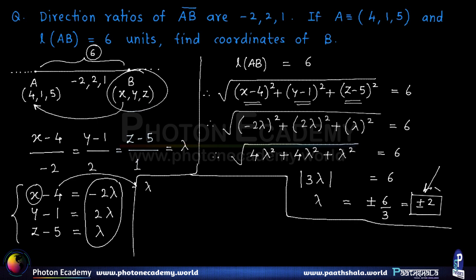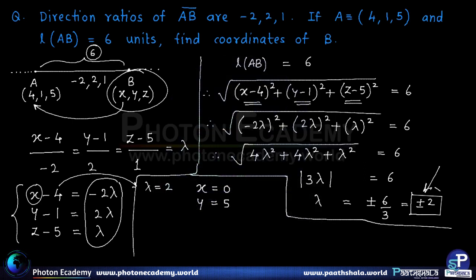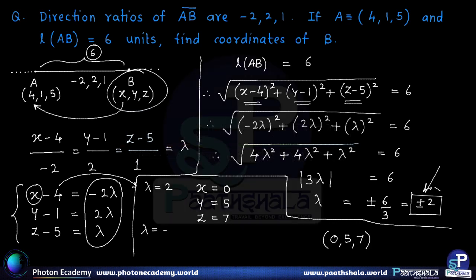Now let's consider first possibility, that is when lambda is equal to 2. In that case we get x is equal to, putting lambda equal to 2, we get 4 minus 2 lambda, that is 0. Then we'll get y is equal to 4 plus 1, that is 5, and z is equal to 2 plus 5, that is 7. So therefore 0, 5, 7 is 1 point, and the other possibility is when we put lambda is equal to minus 2 in the first equation, we will get 4 plus 4, that is 8.